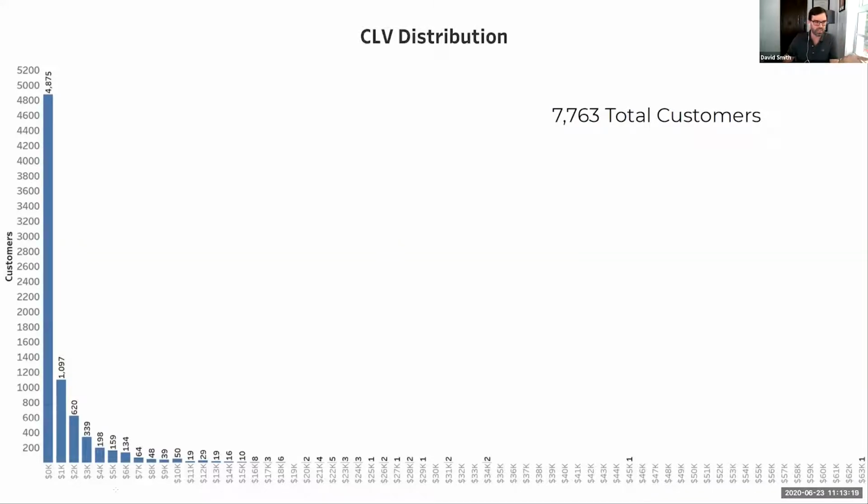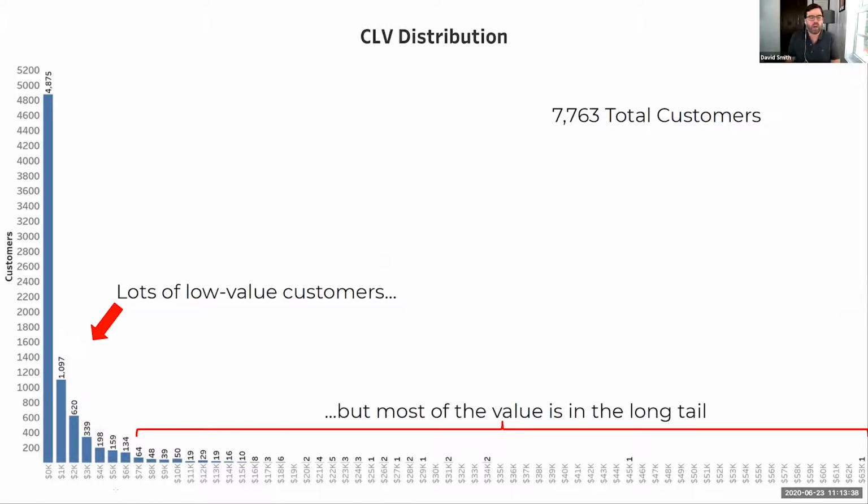We have a whole bunch of low value customers over here on the left, where they're spending between $1 and $1,000, maybe $2,000 in terms of their customer value. But then you also have this long tail where you have just a few customers that are worth a lot of money. And most of the value of your company is in this long tail.